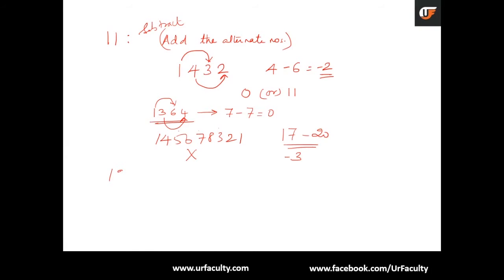For example, for 12, the easiest way is to check the divisibility tests of 4 and 3. That's it.